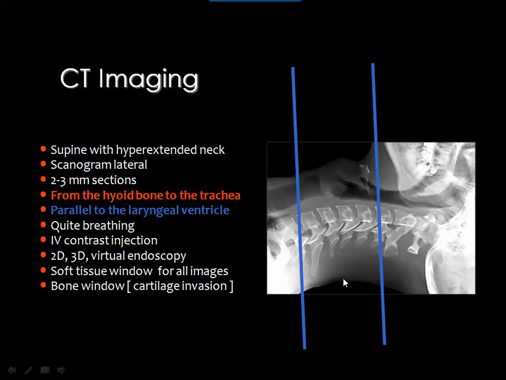We need to inject the contrast media in many times, and the 2D reconstructed images in the sagittal and the coronal plane are valuable for the diagnosis, and sometimes we may use the bone window if there is a suspicion of bone pathology in the cervical spine or cartilage pathology in the laryngeal cartilages.